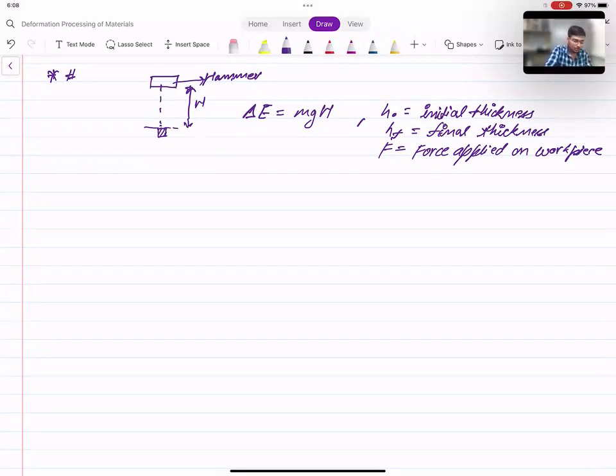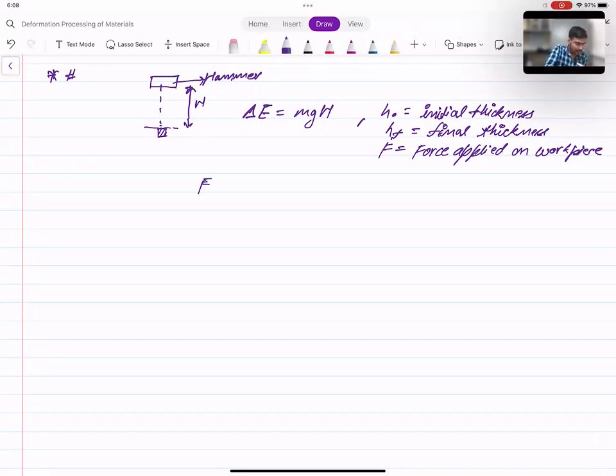Again, we know that sigma F bar is the flow stress of the workpiece material, and A will be the final cross-sectional area of the forged part. Here, by the concept of this energy getting converted into work, we can equate the work.